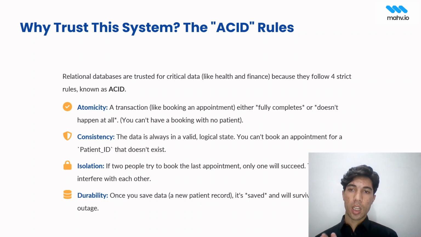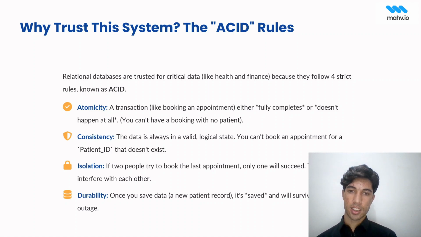Atomicity is basically that a transaction either fully completes or doesn't happen at all. You can't have a booking with no patient, or for example, if you send someone some money, it will either be sent to their account or not deducted from your account. So this is atomicity: a transaction will either happen or not happen, and there is no in between.